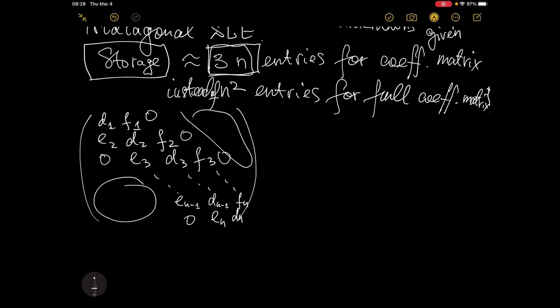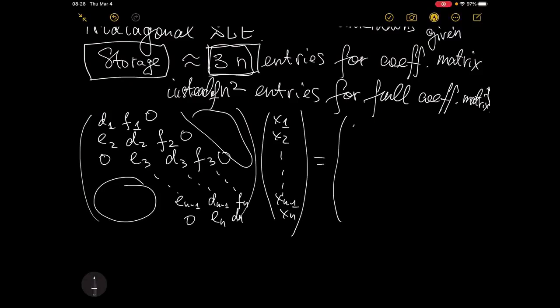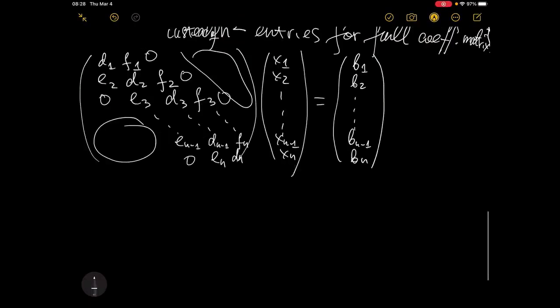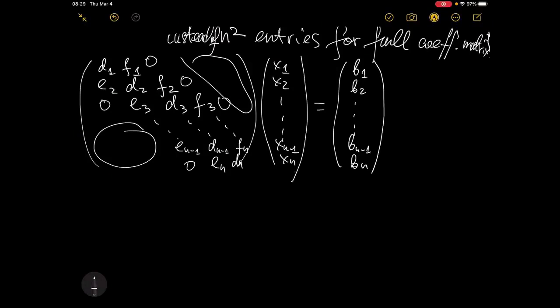Zeros everywhere here. And let's say here we have x1, x2, and so on, xn minus 1, xn. And beta 1, beta 2, beta n minus 1, beta n. So essentially, this is the matrix T, tridiagonal. This is my vector x, this is my vector b. So then we have Tx equals b.